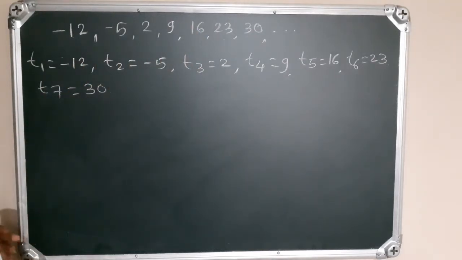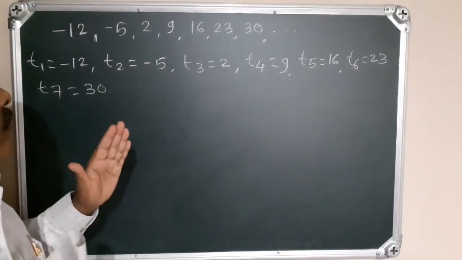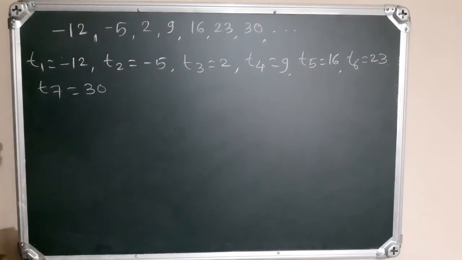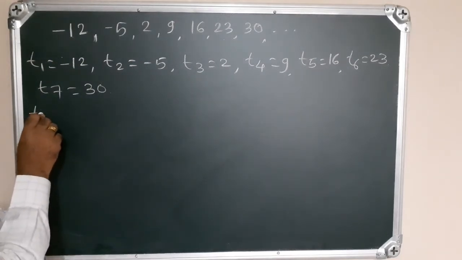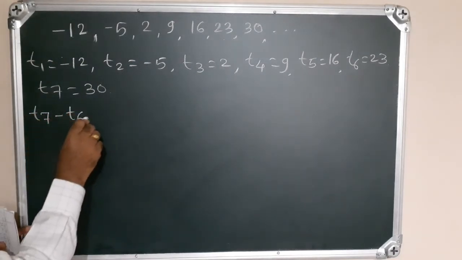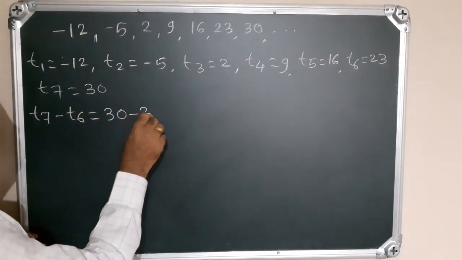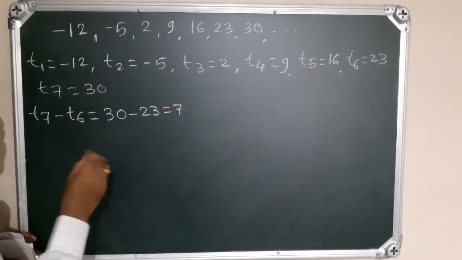So write all the terms given, then find the difference between all these consecutive terms. First, T7 minus T6. What is the value of T7? 30. 30 minus 23 is equal to 7.